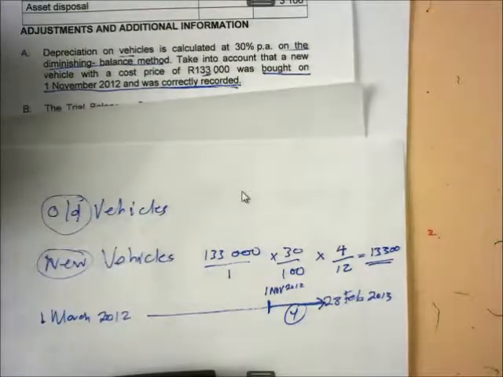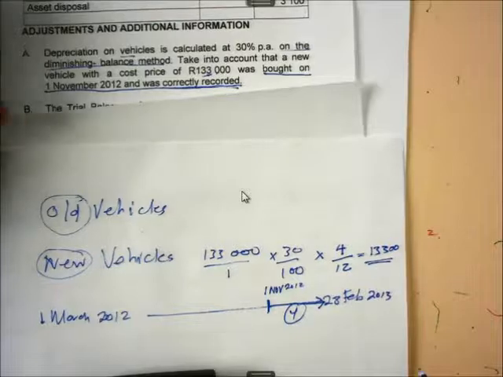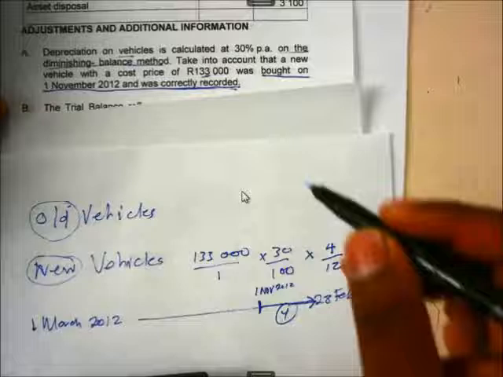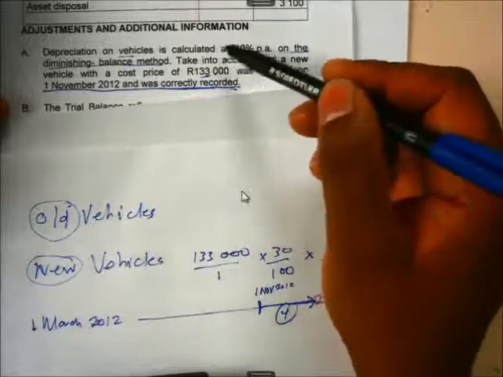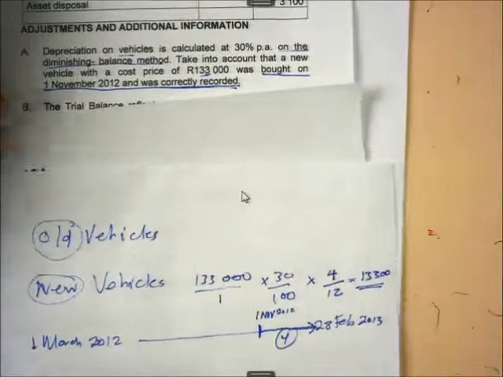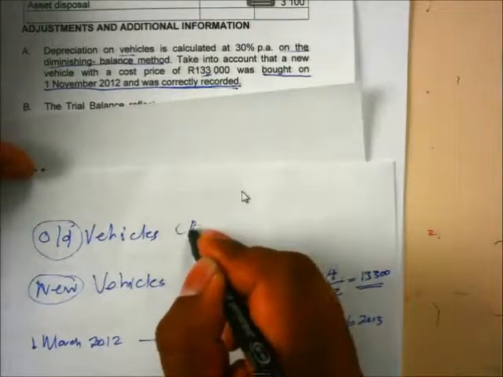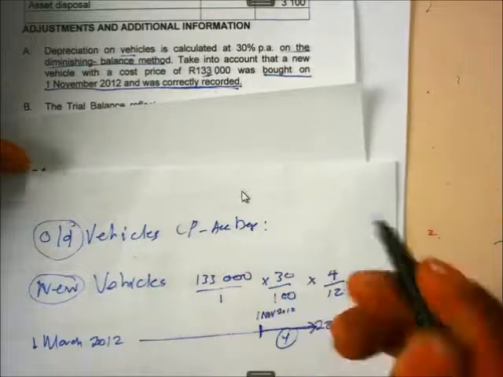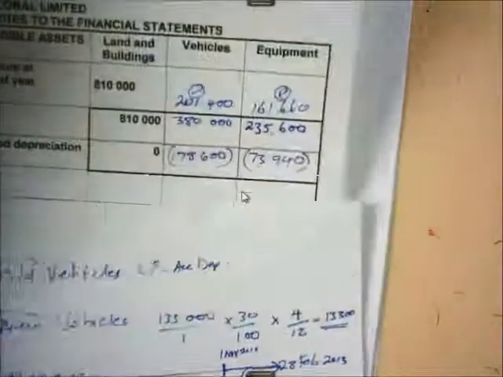And then we come to old vehicles. They say it is calculated on the diminished balance. Remember, diminished balance we said is cost price minus accumulated depreciation. But we have already done that calculation for you.